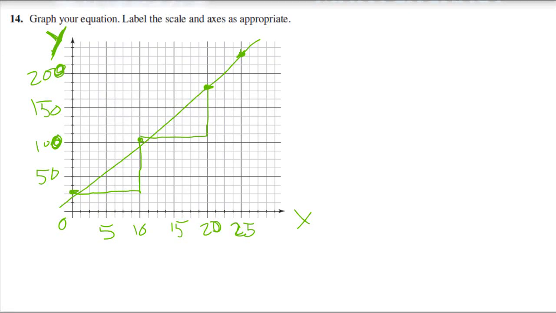So anyway, go on to question 15. Restart the video when you're done with question 15. Question 15. I'm just rewriting the equation that we got.